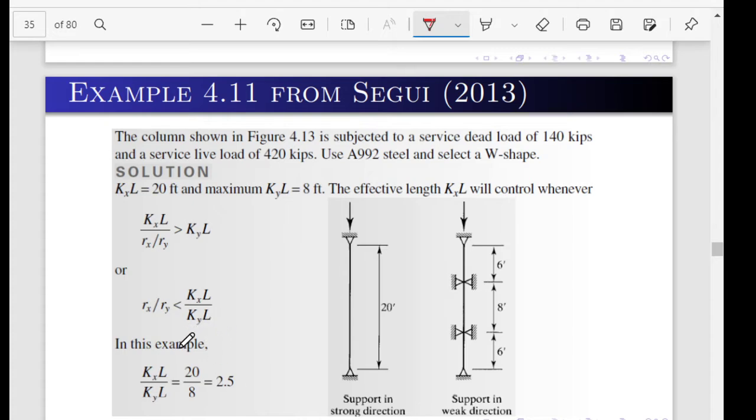So the ratio, 20 divided by 8, is 2.5. So KXL will control if and only if the Rx over Ry is less than 2.5.